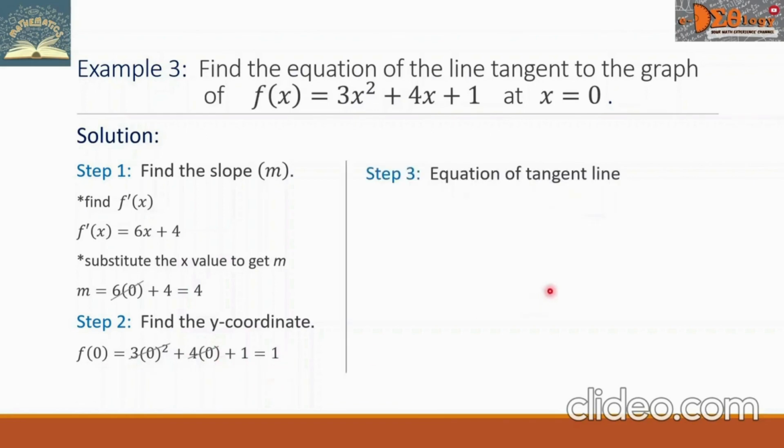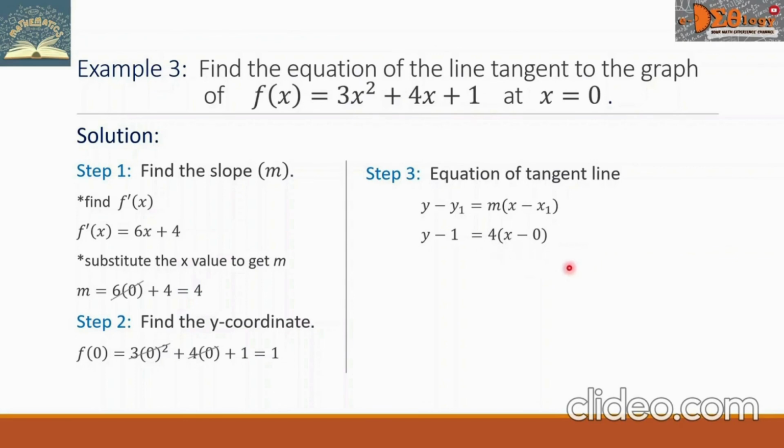Now step 3, we write now the equation of tangent line using our point slope form. Y sub 1 here is the value of step 2. M is the value from step 1. x sub 1 is the value from the given. So we have now y minus 1 equals 4 times the quantity x minus 0.